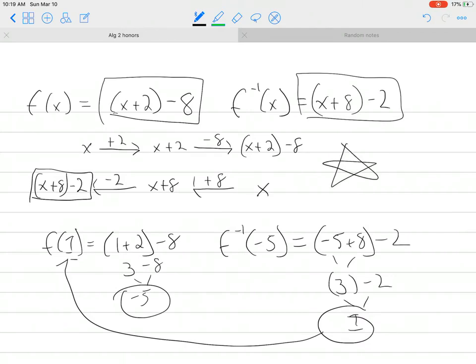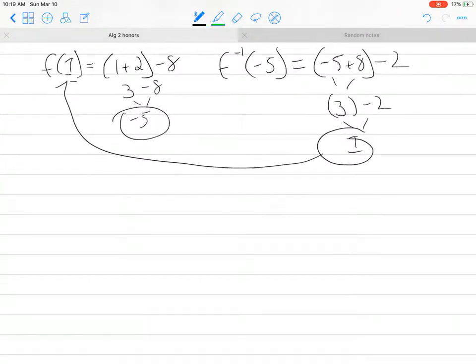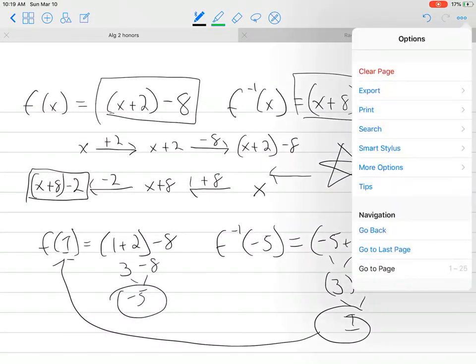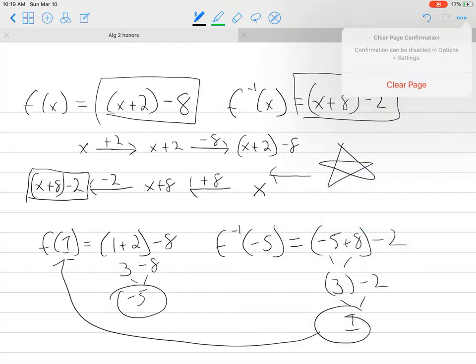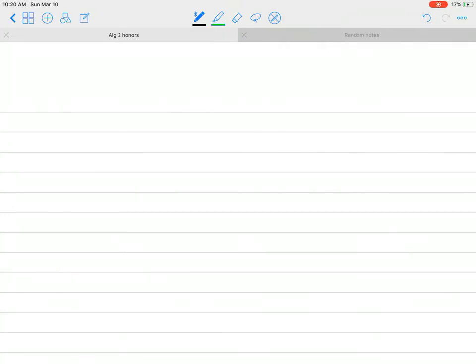A key on this is that I really need you to do this by building it. Okay? Let me clear this page. We are going to do one more, a little more complex.